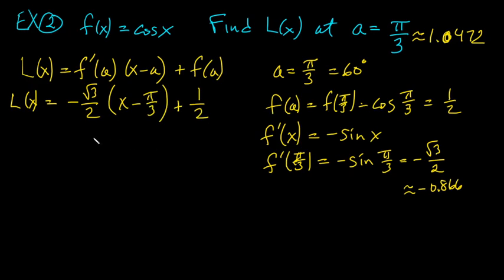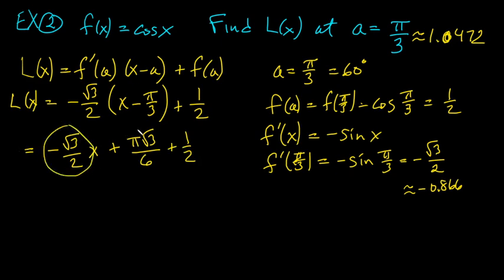Again, we want to distribute the slope here, so this is negative root 3 over 2 times x, plus pi times the square root of 3 over 2 times 3, which is 6, plus 1/2. So this is my m, and this is my b. This is just in the form y equals mx plus b, just to make that official.